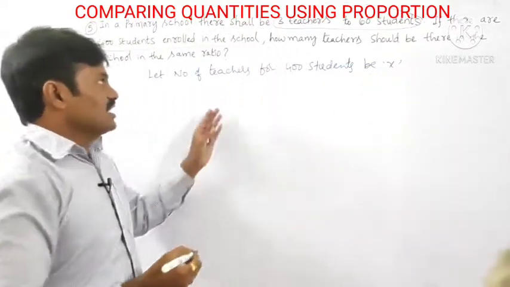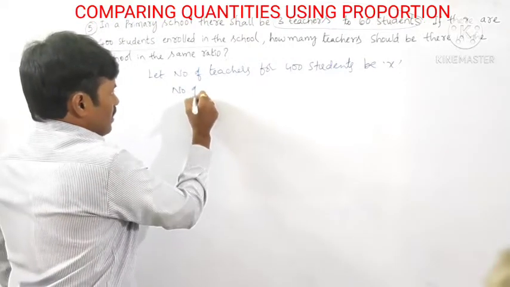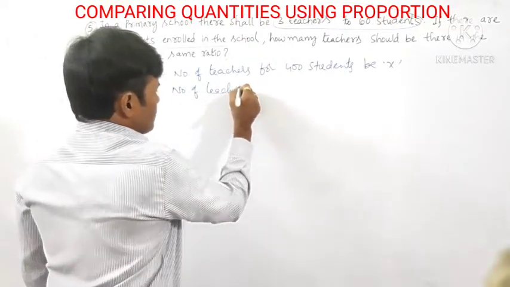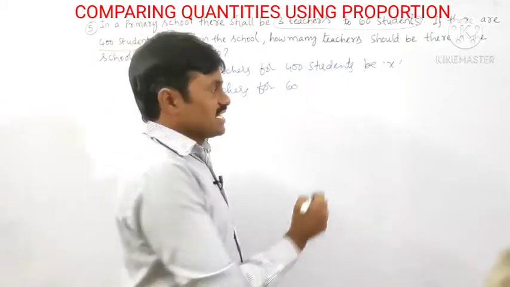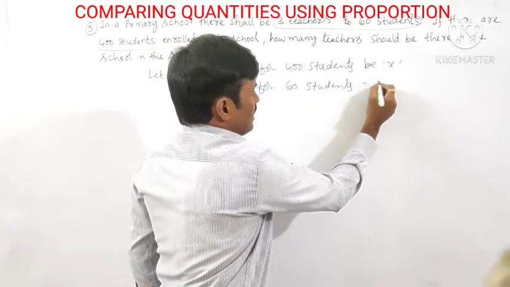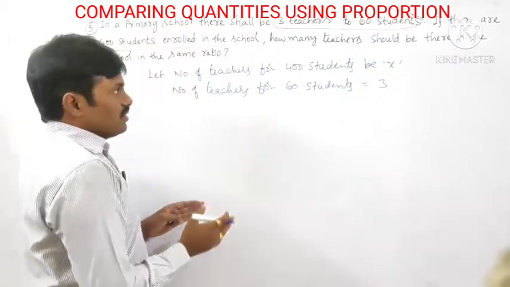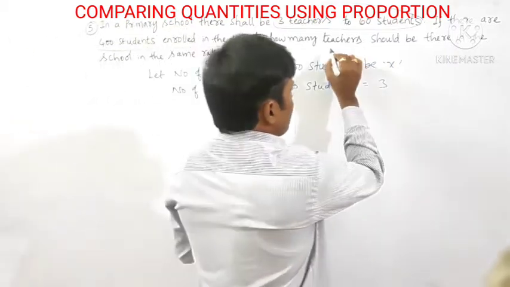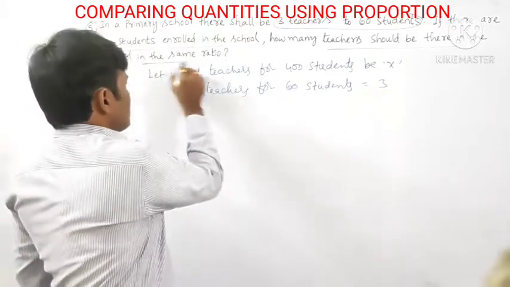Number of teachers for 60 students they have already given clearly: 3 teachers. If you want to write it in the ratio, they are asking how many teachers are required to be in the school in the same ratio.